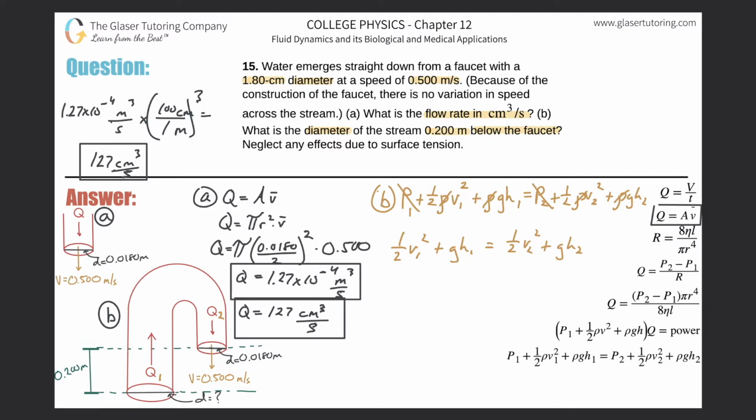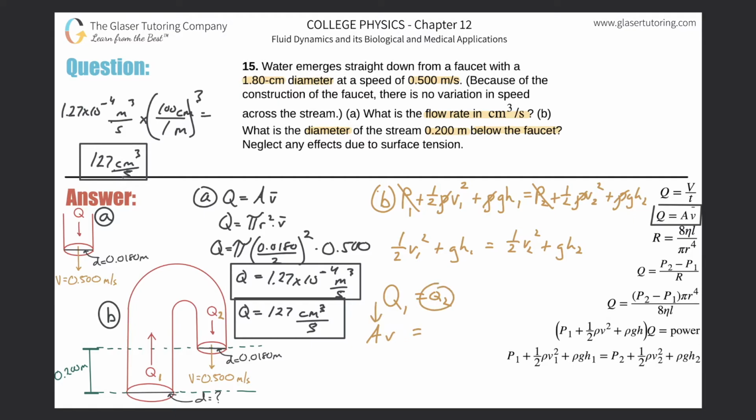So now, if you think back to what we've done before, I know we want to find the diameter, all right? But the variable of interest right now in this formula is going to be v1. The reason being is because, remember what I just said before, that we said that the Q of the first location will equal the Q of the second. But the problem was when I realized I can't solve this thing because I didn't know A1 or v1. But if I do know v1, then I can find A1, right?